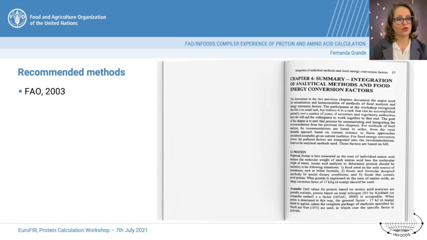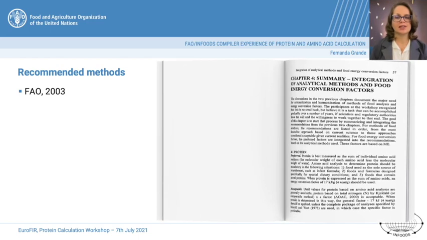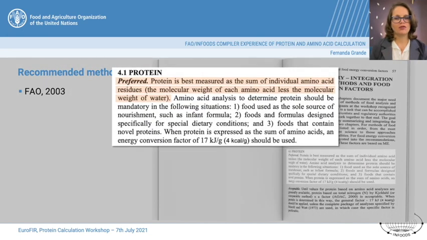In chapter 4, the report includes a summary of the recommended analytical methods for all the energy-yielding macronutrients. And for protein, they recommended that the preferred method is the sum of individual amino acid residues. So in this case, the food composition tables should reflect protein by the sum of amino acids whenever possible.